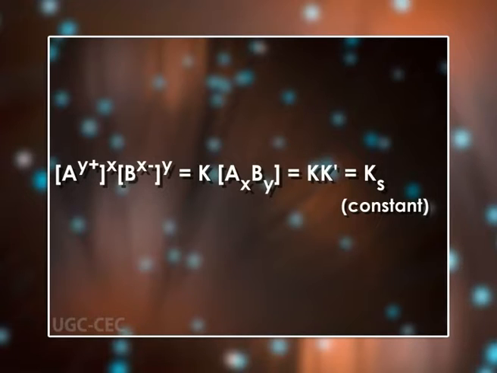The constant Ks is the solubility product. Thus, solubility product is also defined as the product of concentrations of the ions raised to a power equal to the number of times the ions occur in the equation representing the dissociation of the electrolyte at a given temperature when the solution is saturated.